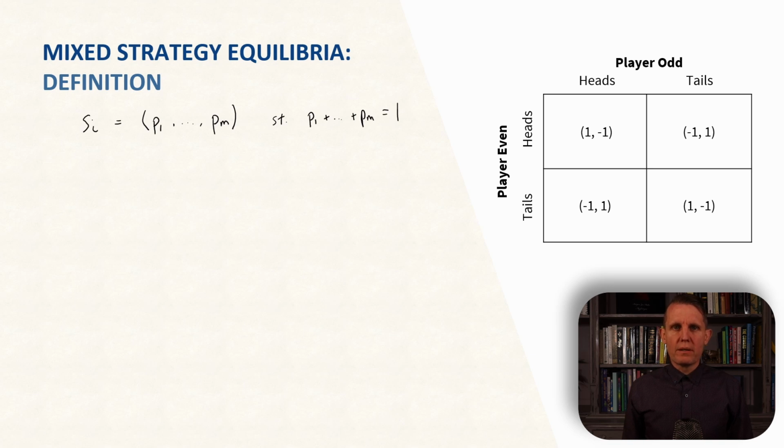Well, I guess intuitively we want to select the probabilities such that they maximize our expected utility. However, remember the expected utility relies on these probabilities for the other agents in our game, which we don't know. So this may seem a bit strange. We select our probabilities not to maximize our own payoff, but to make our opponent indifferent between the different pure strategies that they have.